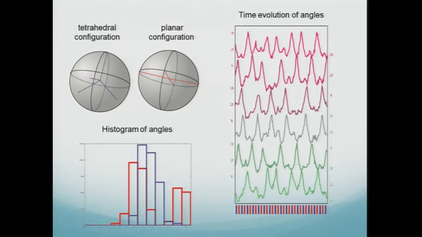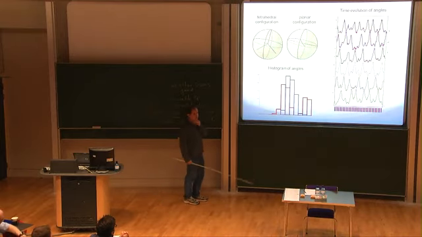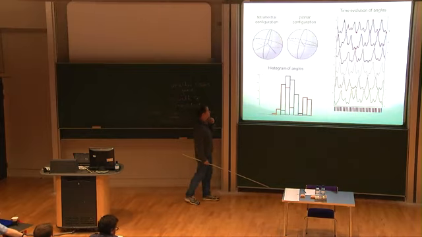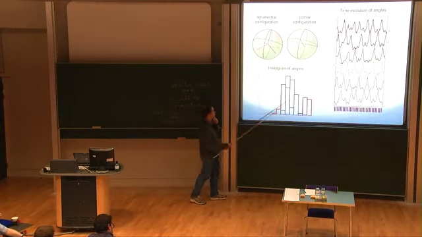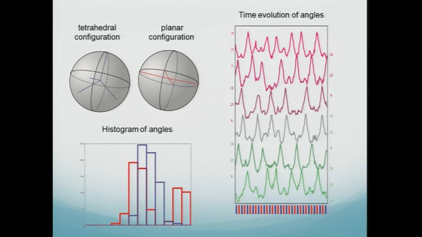This is the data that Felix from Andreas's lab just sent me this week. What we seem to see is 2 kinds of configuration and a very periodic switching between them. One configuration that's very prominent is the planar configuration. What he plots here is the 6 angles between any 2 points.